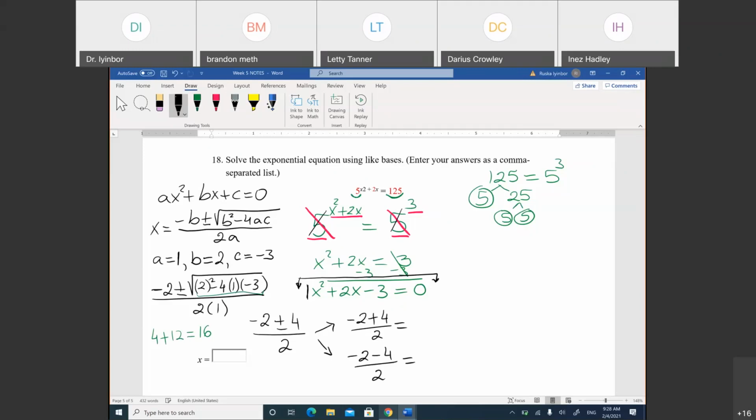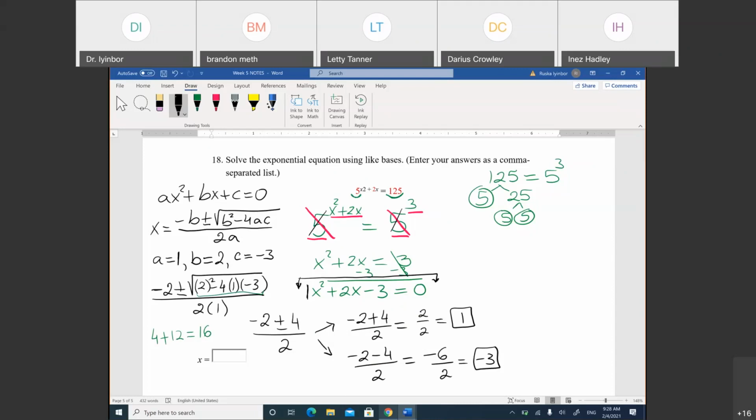So the first one is going to be 2 over 2, which is 1. So the first answer is 1. And then negative 2 minus 4 is negative 6, divided by 2 gives me negative 3. So these are my 2 answers.